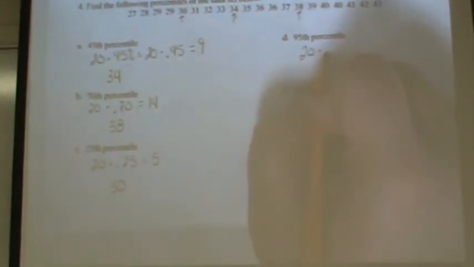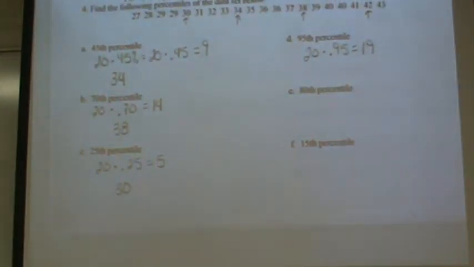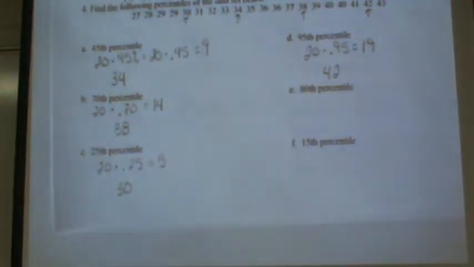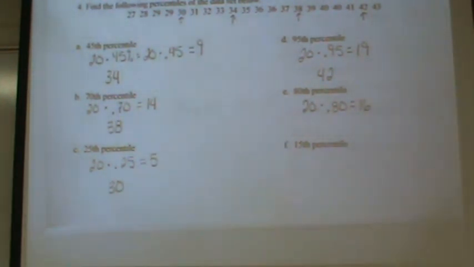D wants the 95th percentile, so we're going to take 20 times 0.95, which equals 19. Our 19th number is 42. So 42 is the 95th percentile. E wants the 80th percentile, so that's 20 times 0.80, which is going to give you 16. So we're going to count 16 numbers in.